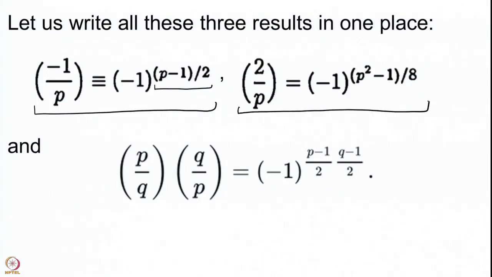This tells you when 2 is a square mod p, and then this is the final part of the quadratic reciprocity law. Let me tell you how we are going to use these 3 laws to do the computation. The computation would typically be a by p, where you have a prime p in the denominator and a to be some number.